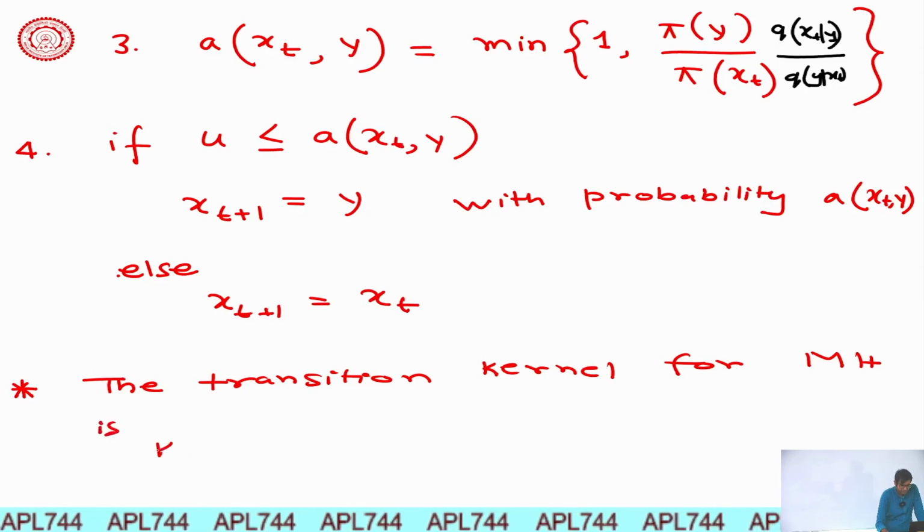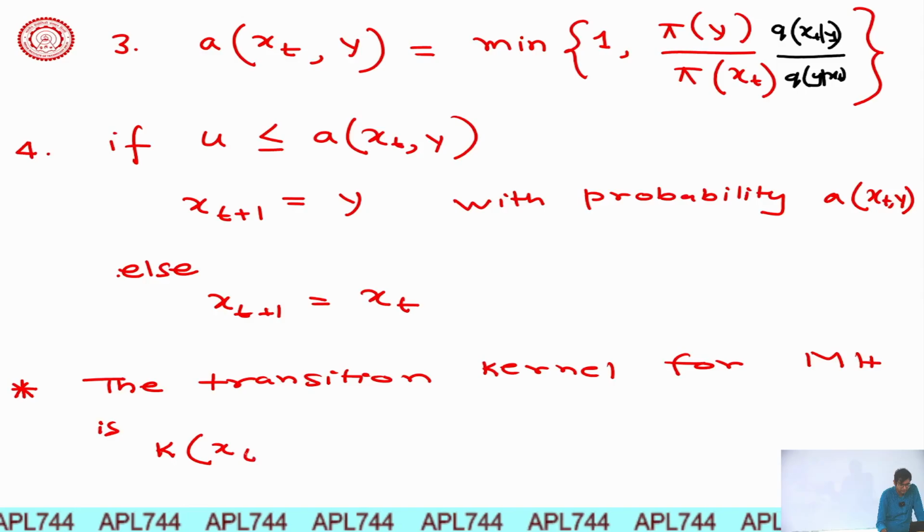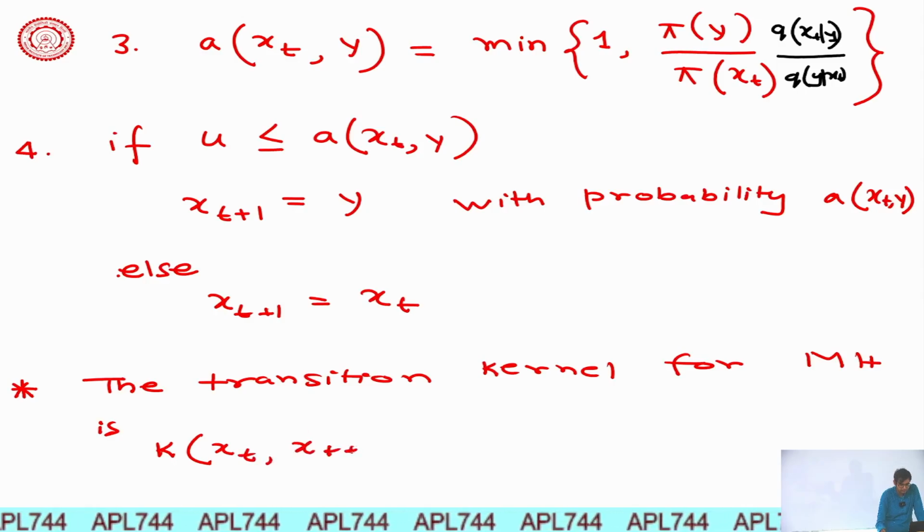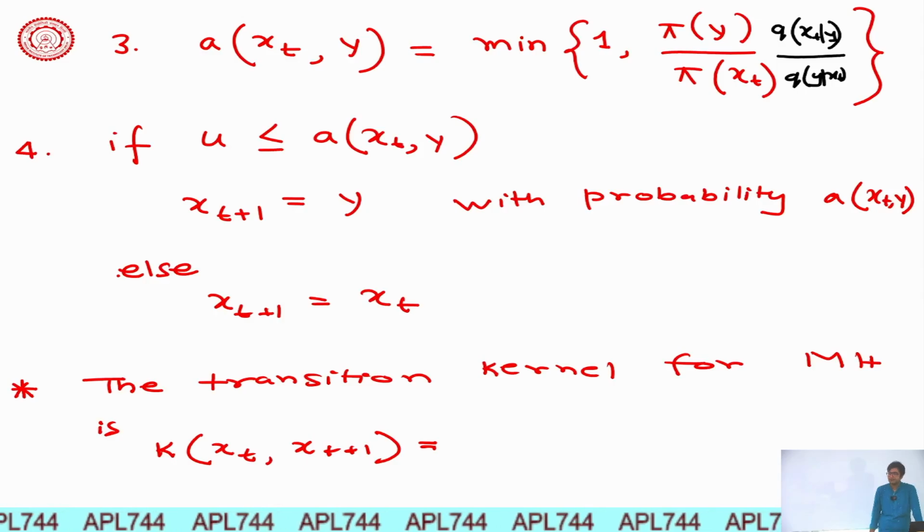So tell me, what is the transition kernel of going from xt to xt plus 1? Remind me, how did we calculate it last time? It will be exactly the same. Nothing will change. Is the proposal the transition kernel? No, right? Because not every time the proposal is accepted. So how did we calculate it last time?